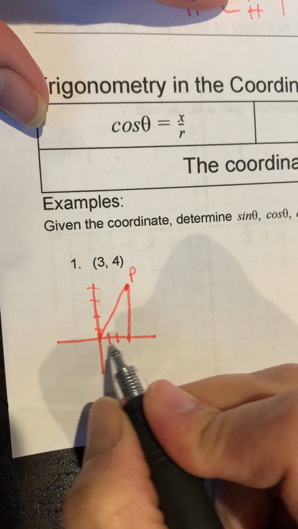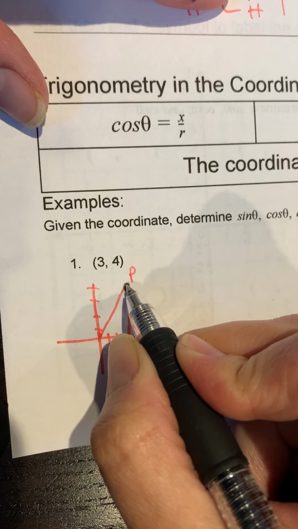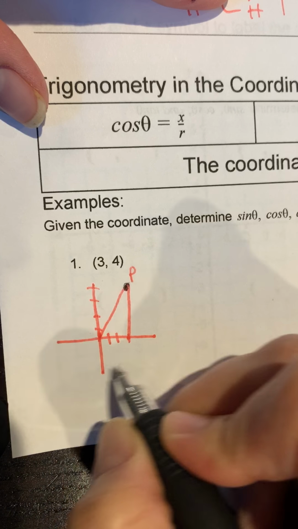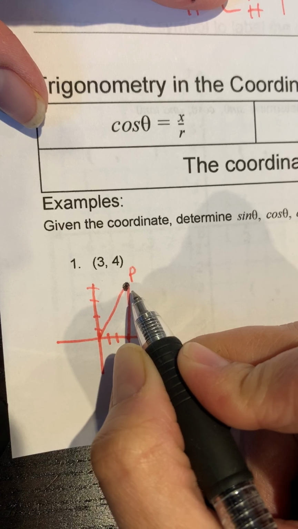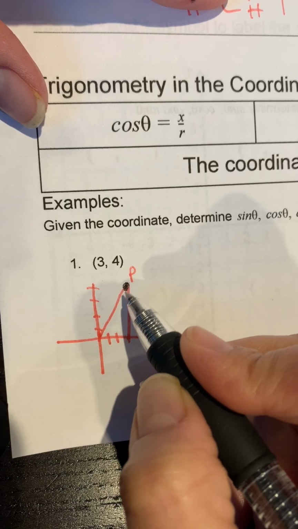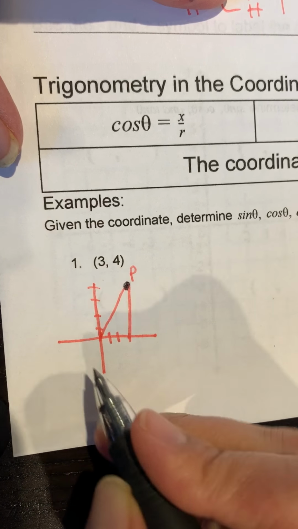The reason I draw this down, I know it's just the coordinate P, but whenever you draw a triangle inside the coordinate plane, the easiest way to write this using trig is you have to make a right triangle. And when you make the right triangle, listen to me now.